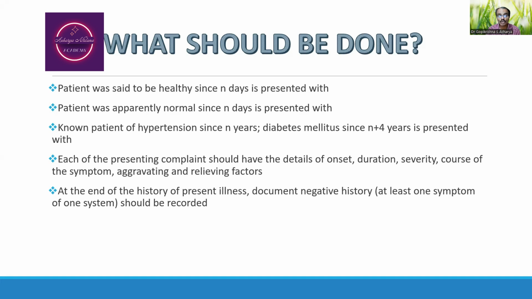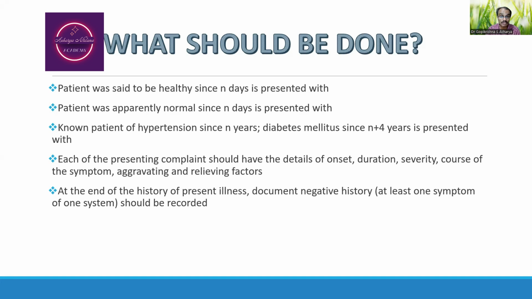That is, at least one symptom related to one system should be recorded. So if the person is having cough, absence of bilateral pedal edema rules out cardiovascular disease. Absence of loose stools rules out alimentary canal dysfunction.